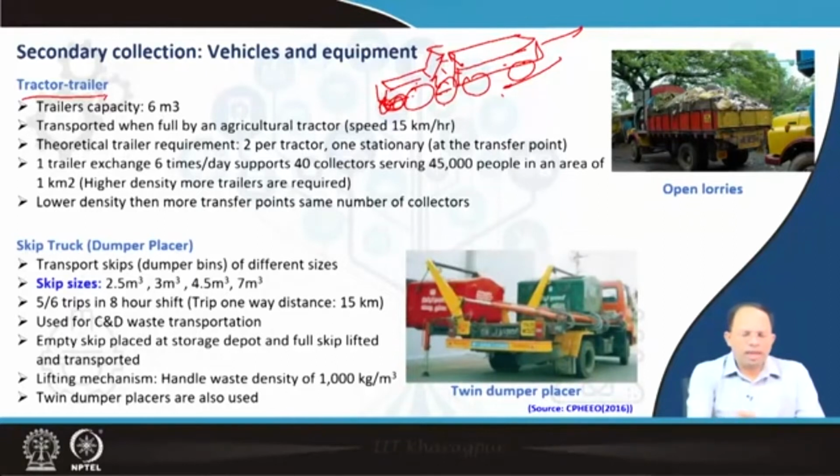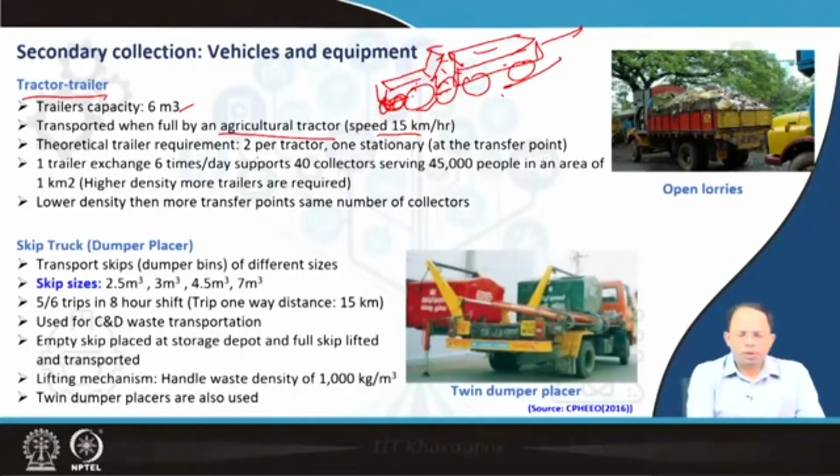Usually trailer capacity is around 6 meter cube. When the trailer gets full, it is transported by a tractor. Speed is something around 15 km per hour, because tractors are not designed for traveling fast, but landfill sites in this kind of areas have very undulated terrain, so a tractor can easily negotiate that.